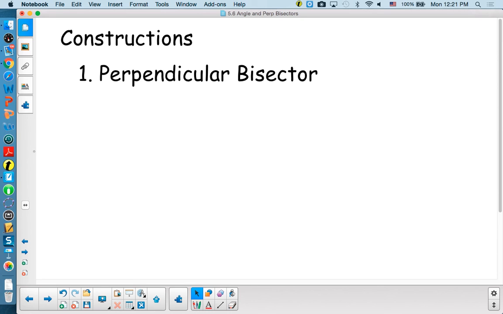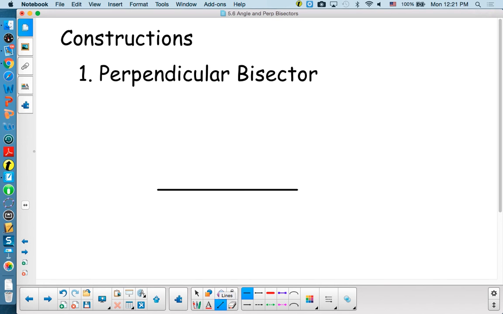Okay, now I want to review there's 3 constructions here. So grab your compass and straight edge, and on your paper, let's do a perpendicular bisector. Give yourself a segment. Then from point A, make an arc.